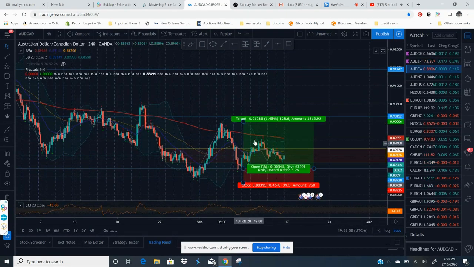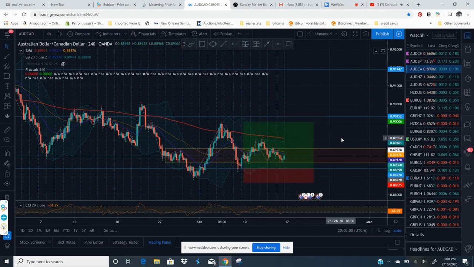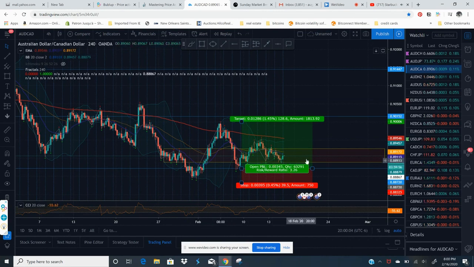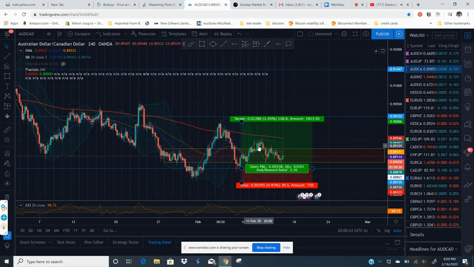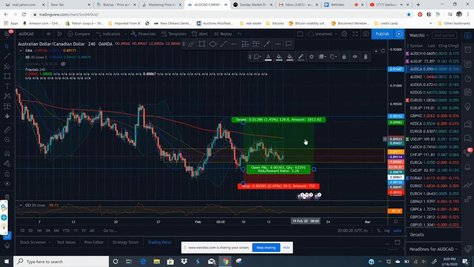AUDCAD came and touched. Look how it's trading in that zone. Look how it's trading in that zone. Came back, touched that. Still have not gotten above that. Came and touched that. Still in the seller's market. We're gonna move this.